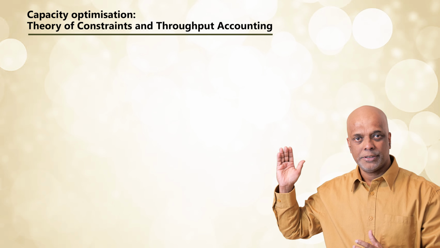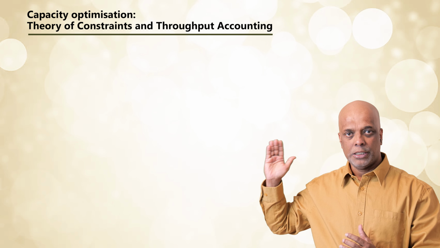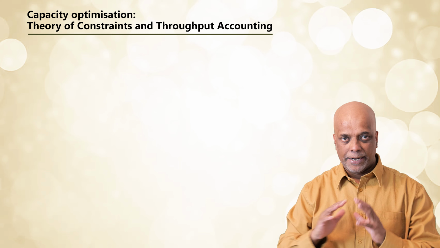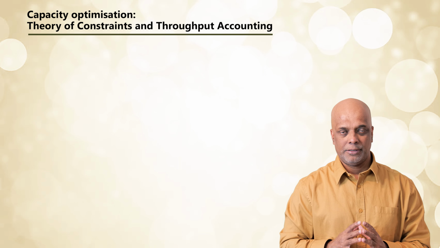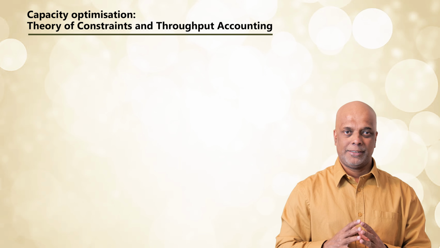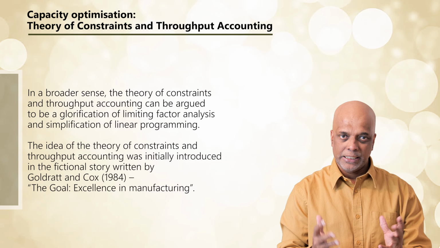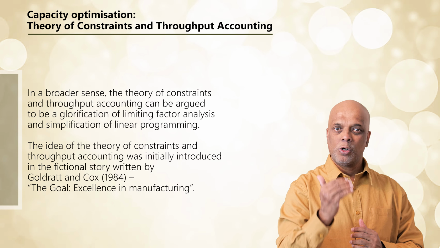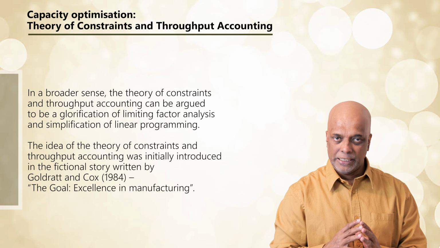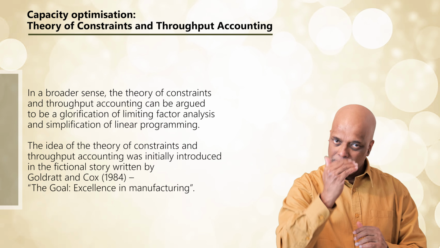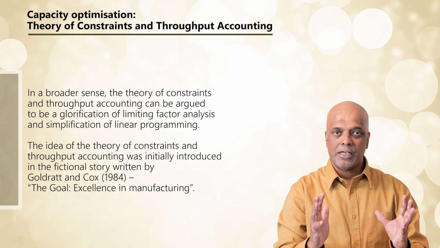That is the idea of theory of constraint and throughput accounting. In a broader sense, theory of constraint and throughput accounting is a glorification of conventional limiting factor analysis and a simplification of linear programming.